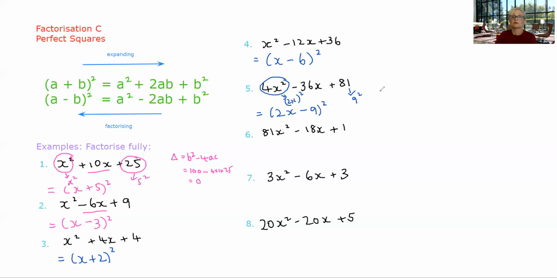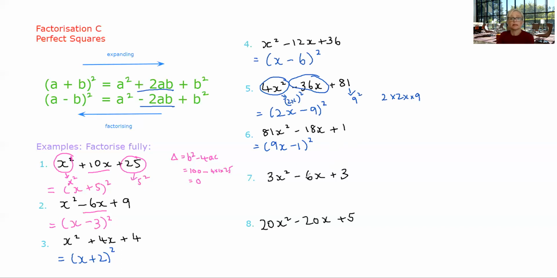What I'm doing when I'm doing this is 2 times 2x times 9, this term here. What I'm doing is checking that we've got our 2ab situation happening. Looking at this one, well, this is 9x all squared, this is 1 all squared. 9x times 1 is 9x times 2, yep, is our 18x, so we get 9x minus 1 all squared.